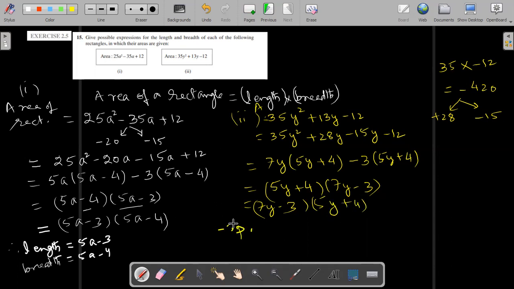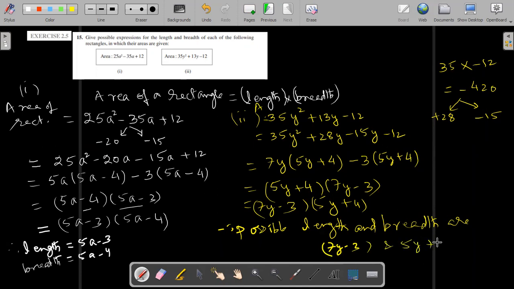Therefore, the possible length and breadth are 7y minus 3 and 5y plus 4.